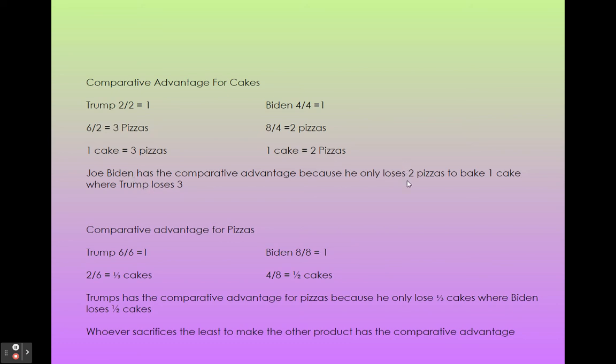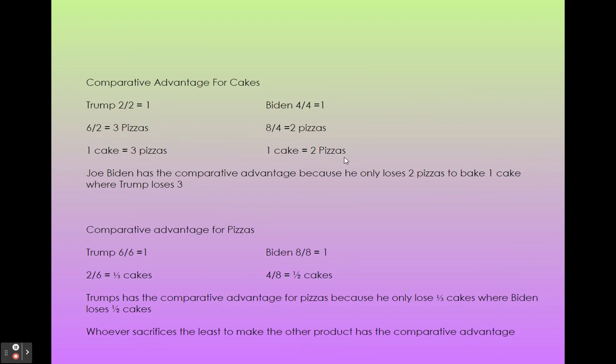He only has to sacrifice 2 pizzas, whereas Donald Trump has to sacrifice 3 pizzas. So the comparative advantage for cakes goes to Joe Biden because his opportunity cost, 2 pizzas, is less than Trump's opportunity cost, 3 pizzas. And this is how you write it. If it asks you to write the opportunity cost, this is how you get that done right here.